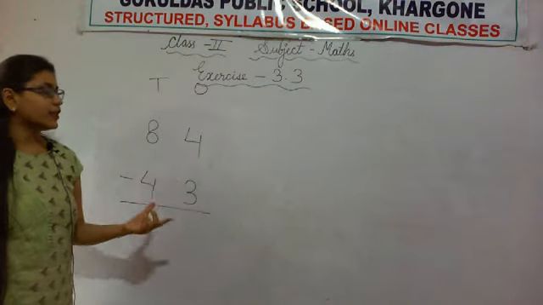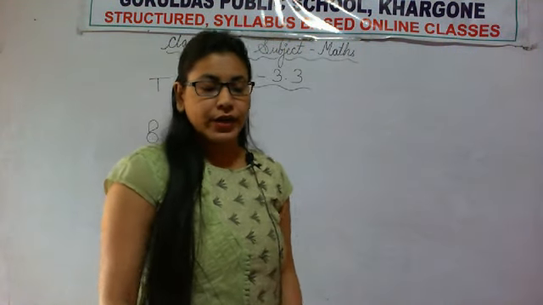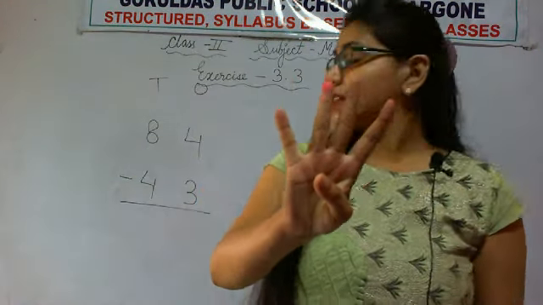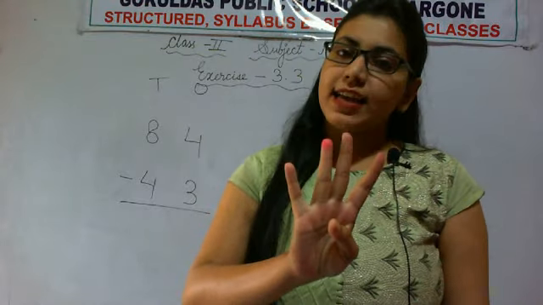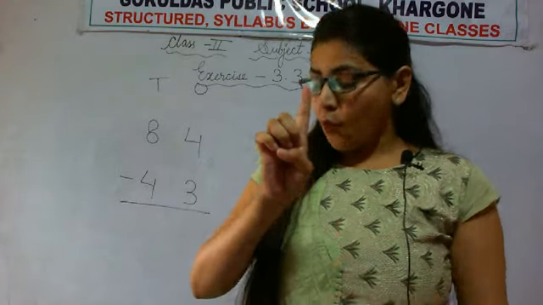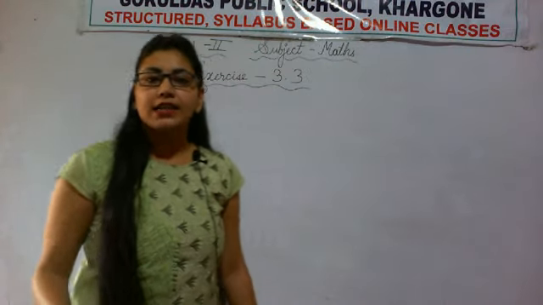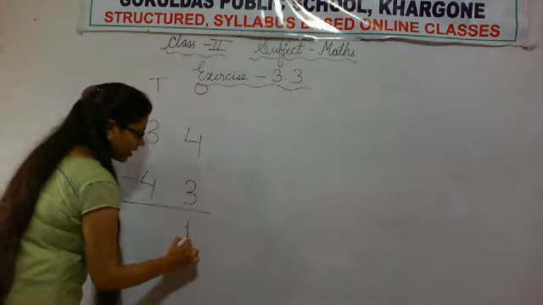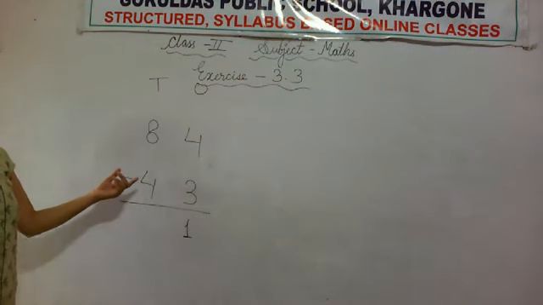We open 4 fingers, then close 3 fingers. 1 finger is left, that is our answer, so we write 1. Now moving towards the tens column.